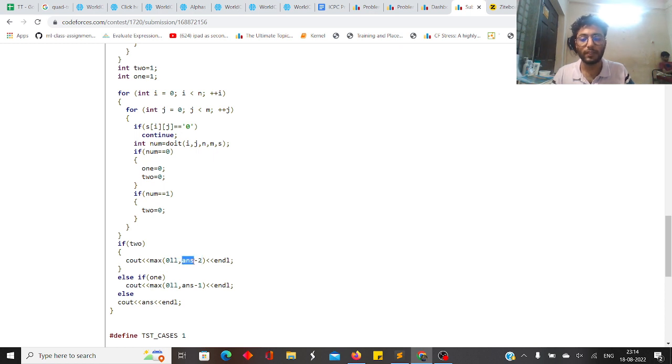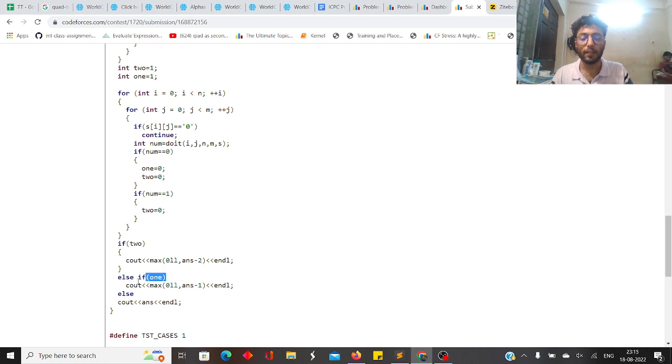Answer is the number of ones that are present in the matrix itself, and I take the maximum of 0 comma answer minus 2, because what if there are no ones present in the matrix itself, then the number of operations is 0. So the minimum the answer can be is 0. So if my flag 2 variable is on, then my answer is the maximum of 0 comma the number of ones minus 2.